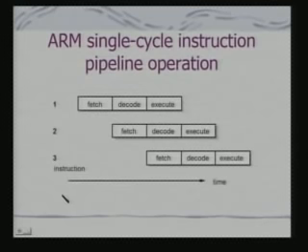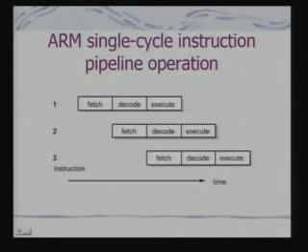ARM7 supports a 3-stage pipeline. So, effectively what you are seeing is that an instruction execution takes 3 cycles, but since I have a pipeline, once the pipeline is loaded, per cycle I can have 1 instruction executed.